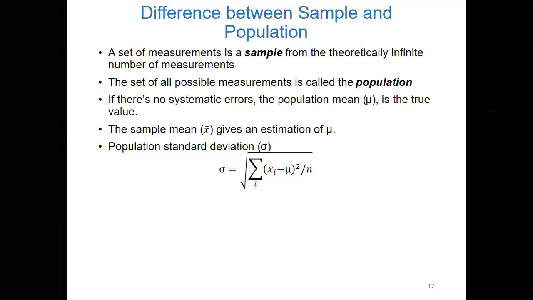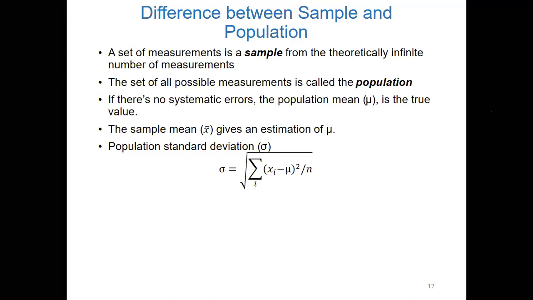And when there's no systematic errors, the population mean, we represent it as mu. You will use this term most often in coming slides, so remember that notation. The population mean is mu.